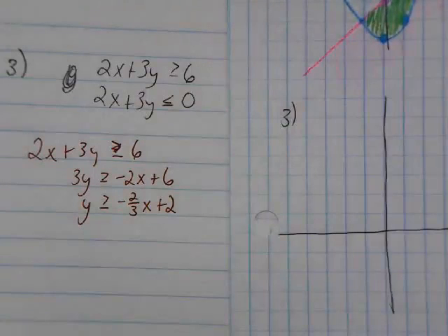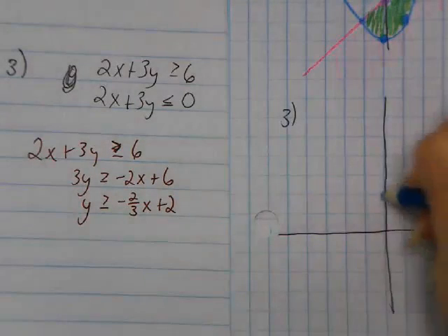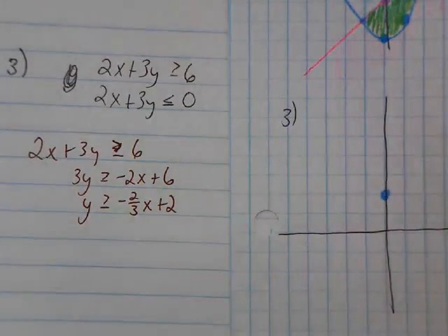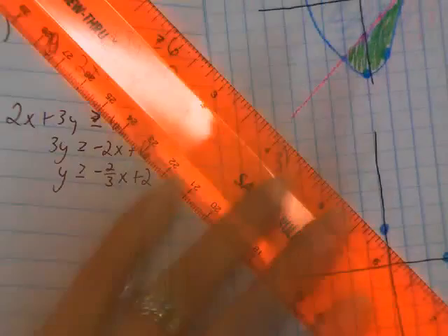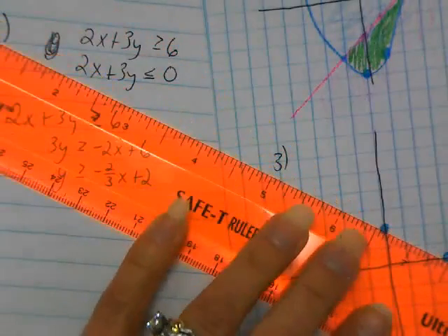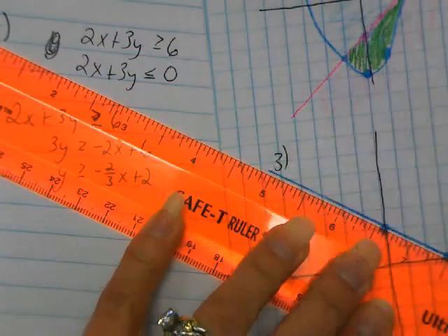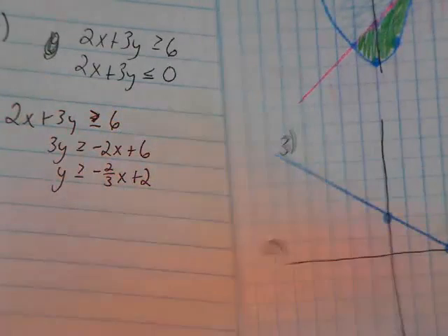So I'm at +2, and I have a slope of -2/3. So I go down 2 over 3. It is a greater than or equal to, oh good Lord, pencils are flying everywhere. So a solid line, and I want to shade greater than, so I shade above.